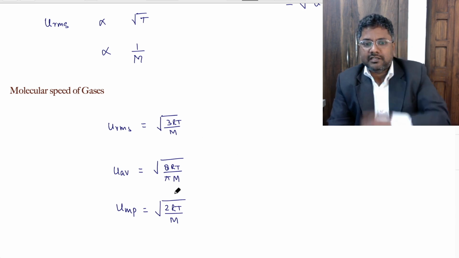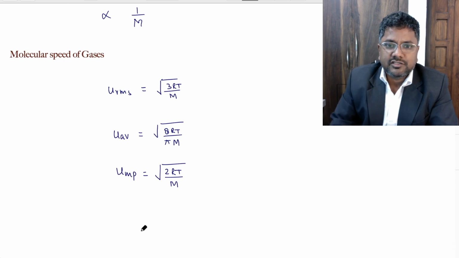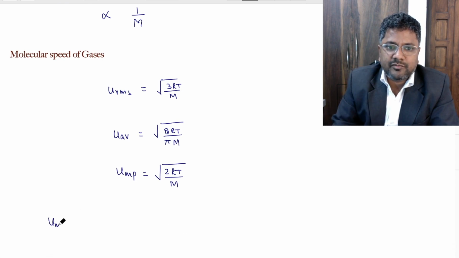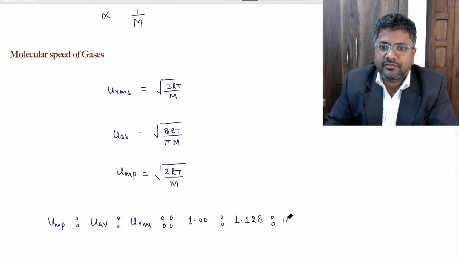If you compare all these speeds, you will find that the ratio of most probable speed, average speed, and RMS speed is 1 : 1.128 : 1.225.